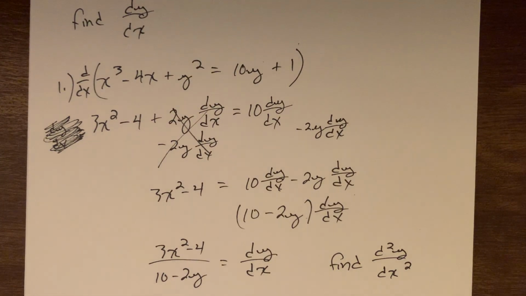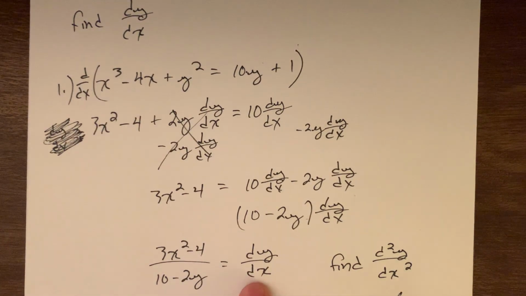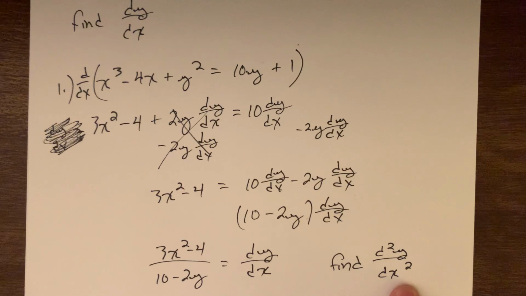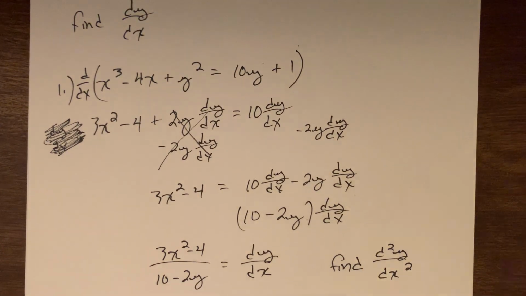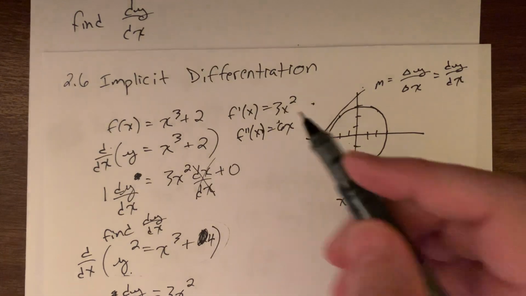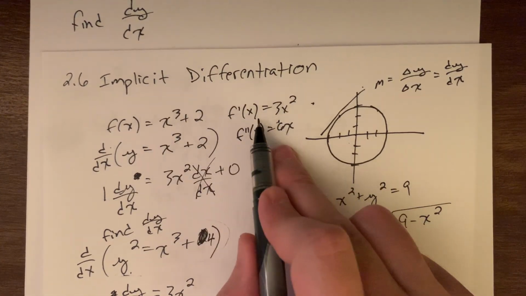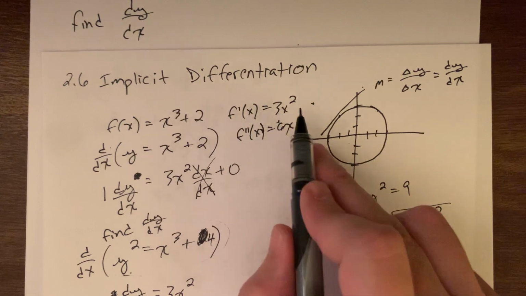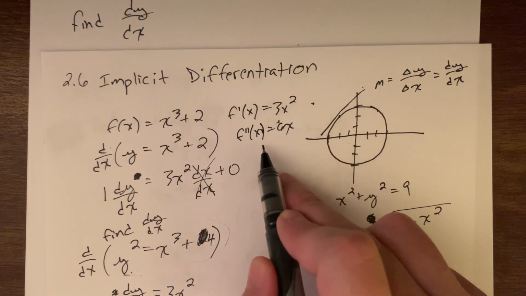Same thing happens with implicit differentiation. We needed the first derivative before we can get to the second. But here's a quick thing, everybody. Again, nicer aspect of having a function. You went right into the first derivative, and because all this was easy enough, we went right into the second.